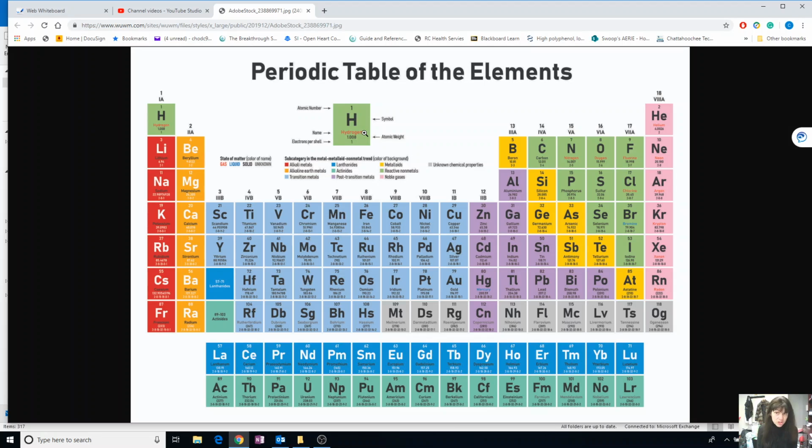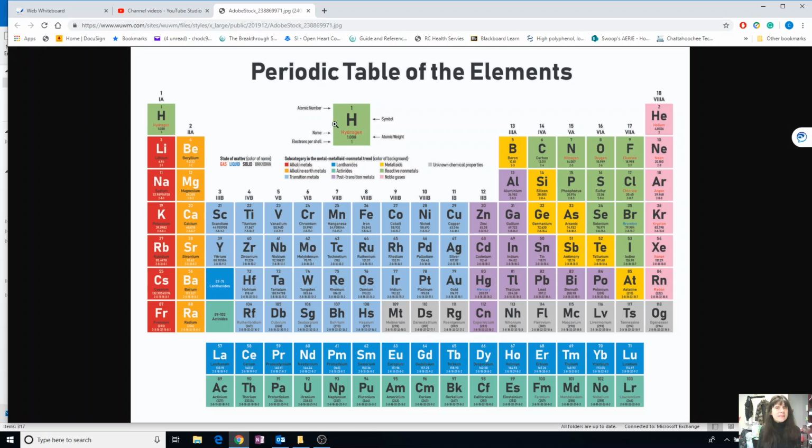Neutrons don't have a charge. They're considered electrically neutral. So if we were to look at a sample of the element hydrogen, we would see that every single hydrogen atom has one proton. However, some of those hydrogen atoms will have one neutron to go with their one proton.